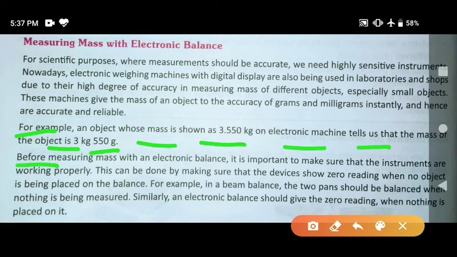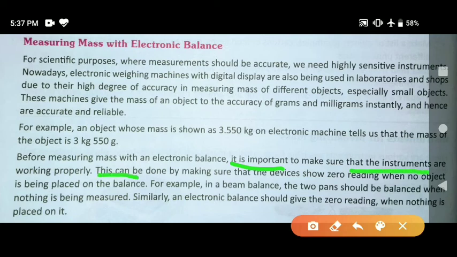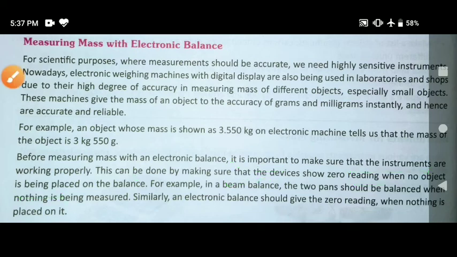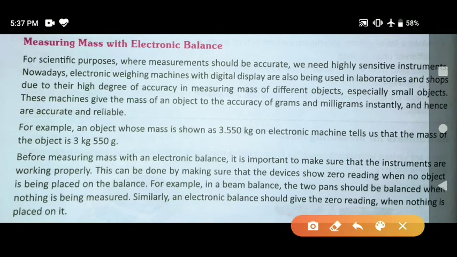Before measuring mass with an electronic balance, it is important to make sure that the instrument is working properly. This can be done by making sure that the device shows zero reading when no object is placed. So the most important thing is, please be careful in our daily life also. Before measuring, it is very important to ensure that your electronic balance is showing zero reading.